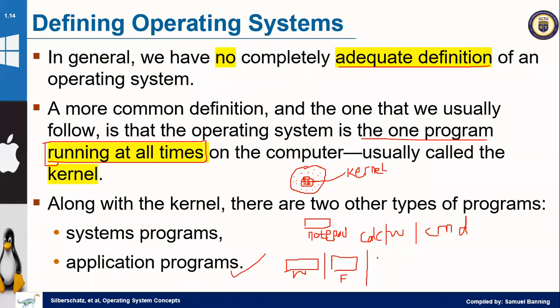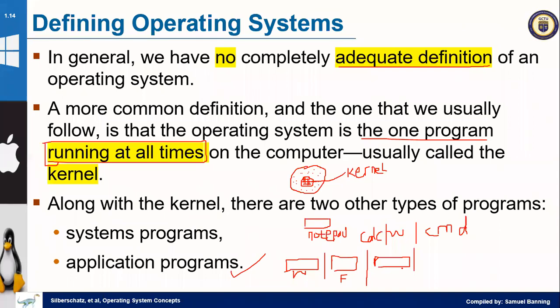We have applications like games. What games are we familiar with? Like Temple Run, that is a game. We also have Subway Surfers, that is a game. Those are application programs. These are specially designed applications that are used to solve specific needs. They do not come with the operating system.